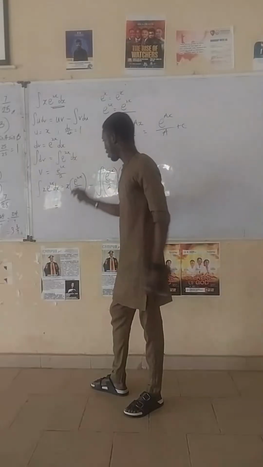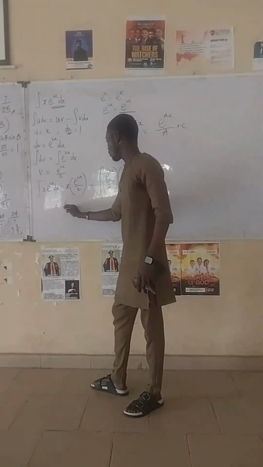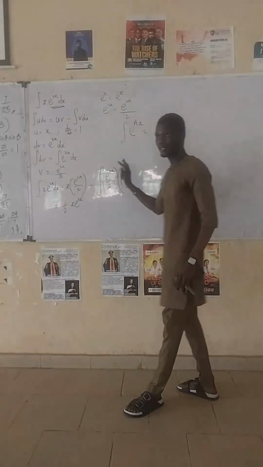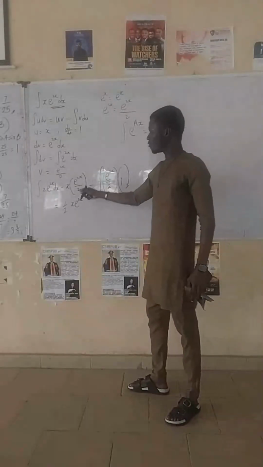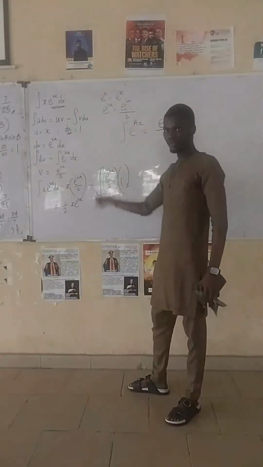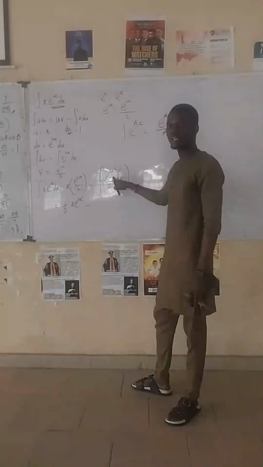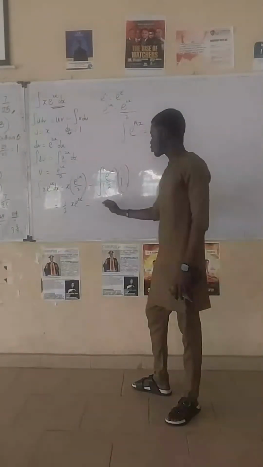So from here we continue. I'm going to have 1 over 2 x exponential 2x. Over 2 means 1 over 2, just multiplying. Now minus the integral of this one again. How do you integrate this? Let 1 over 2 come to the front.